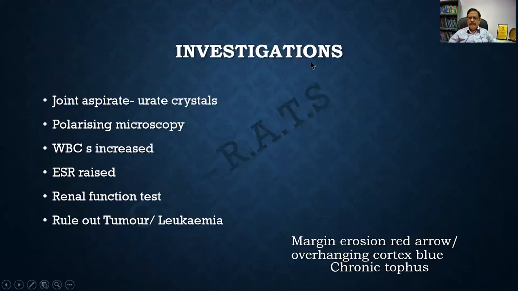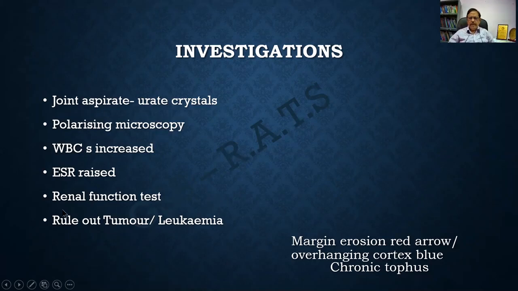What can be the investigations? Main things alone we shall remember. Joint aspirate will be showing monosodium urate crystals, which can be demonstrated by using a microscope called polarizing microscope. So this is very, very important. We'll have to answer. The renal function is affected, so renal function test will be abnormal.